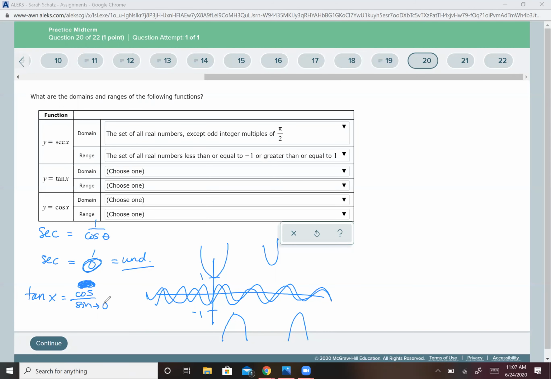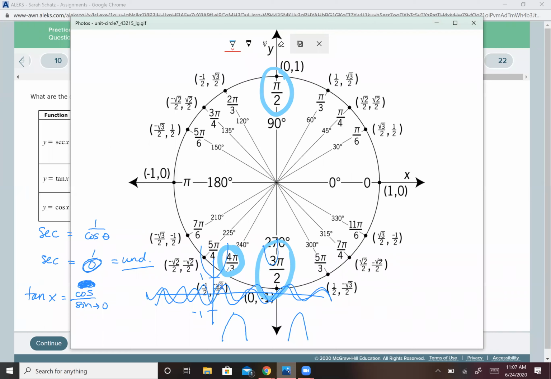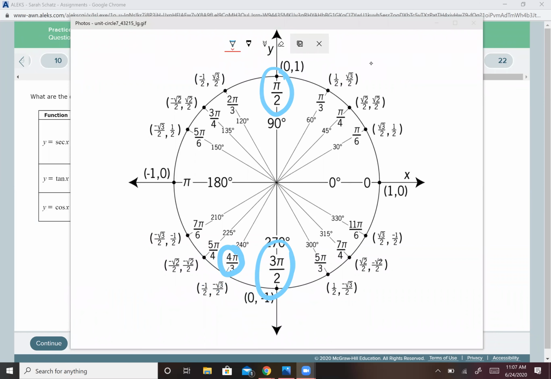So let's go back to your unit circle. On my unit circle, where is sine 0? Remember, sine is y. So I'm thinking at the pi's. If sine is 0 at the pi's, that means tangent is going to be undefined at the pi's.